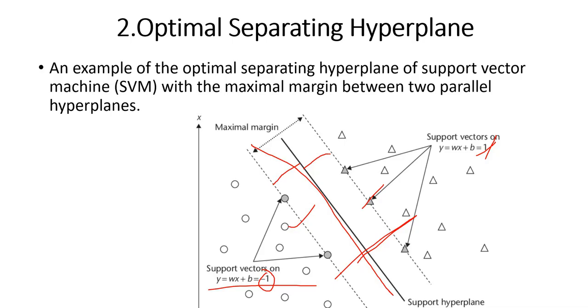Imagine an e-commerce company wants to classify customers into two categories, high risk customers and low risk customers. Suppose the company uses two features: the x-axis is the number of previous late payments, and the y-axis is the number of successful transactions. Now imagine most low risk customers are categorized in one region and high risk customers in another region.